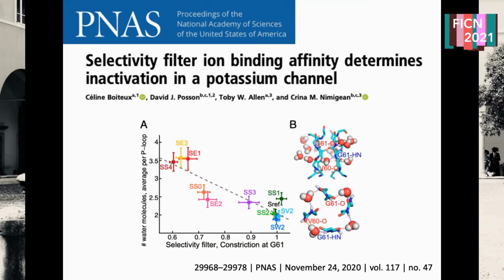But computationally, they could show that if you actually have the constricted filter, as they show here, you will bind water behind the filter. So there are some answers to these conundrums of why MthK is not captured crystallographically in a constricted conformation.